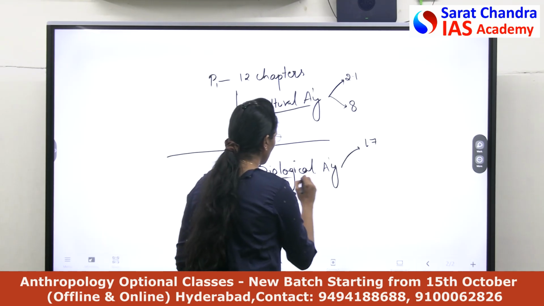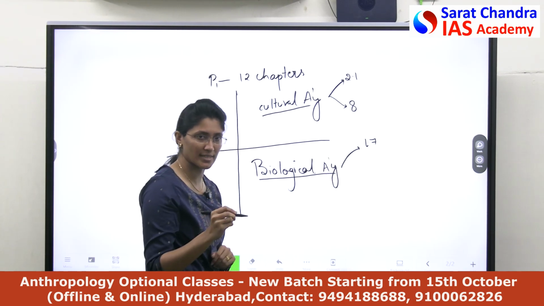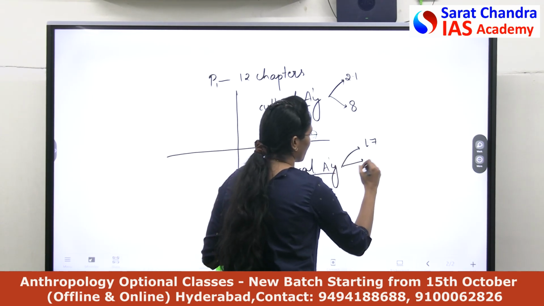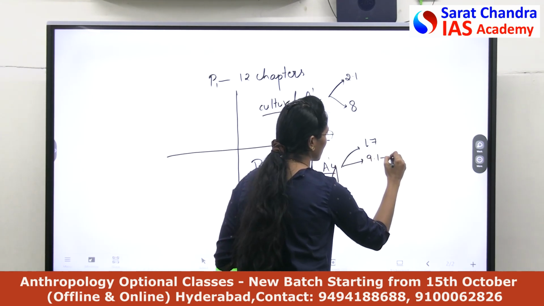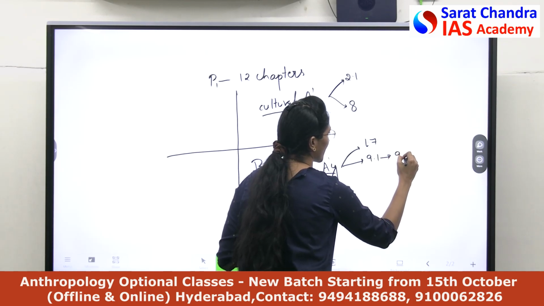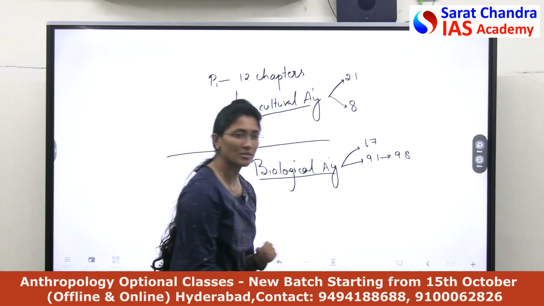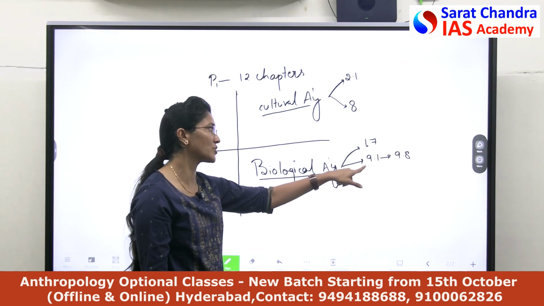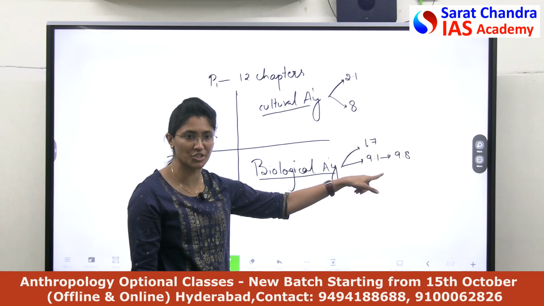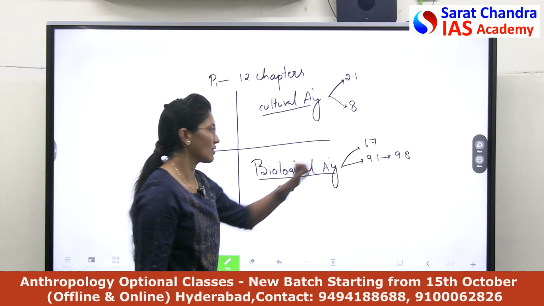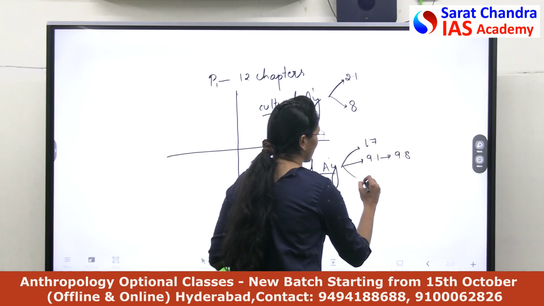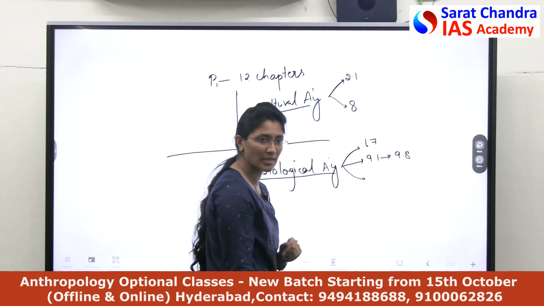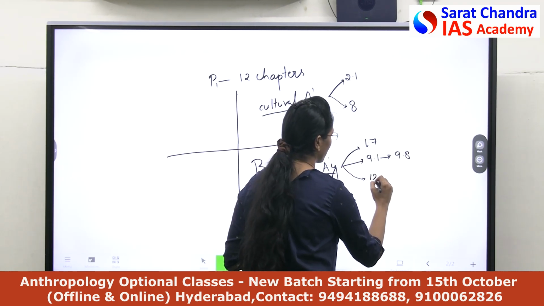So here we study most biomedical concepts from 9.1 to 9.8: Mendelian genetics, human genetics, chromosomal aberrations, epidemiological anthropology, nutritional anthropology. And also the applications of biological anthropology, chapter 12.